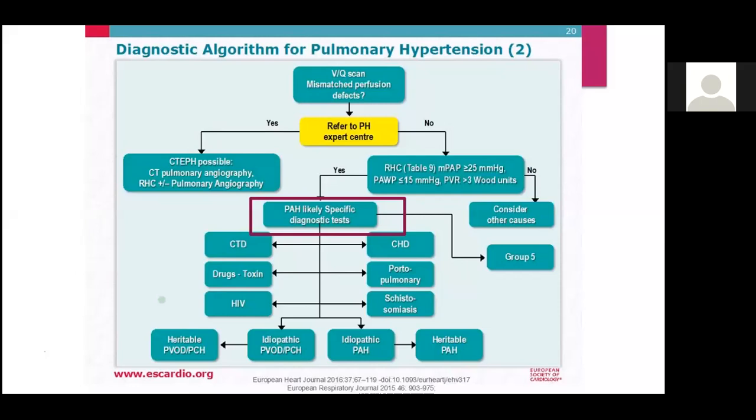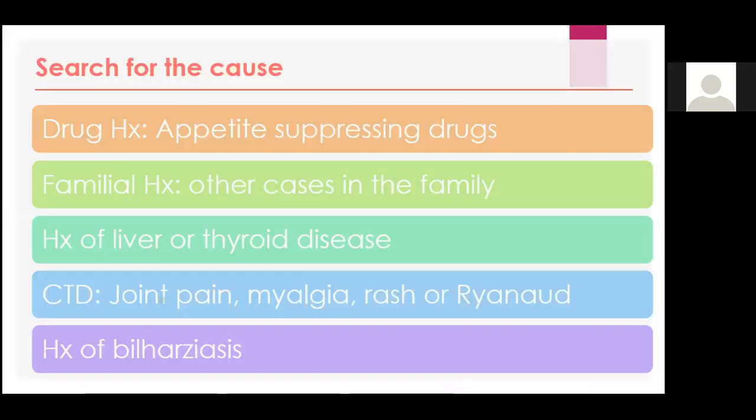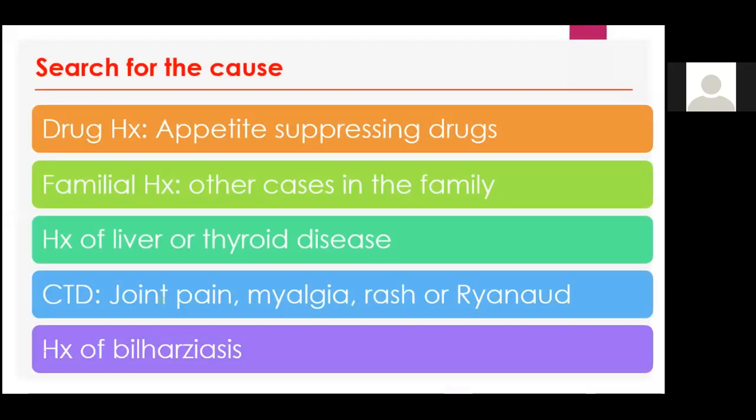So to know if this patient has a cause for type 1 or group 1 pulmonary arterial hypertension, we should search by history and by investigation for the causes of pulmonary arterial hypertension.